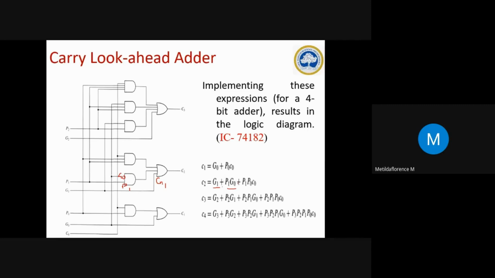So P1, G0 go into an AND gate, and this is also connected to this OR gate. And the next is P1, P0, C0. You can see here this is P0, and this is P1, and then C0. So C0 is going here, no? So they have connected everything and it is coming to this.